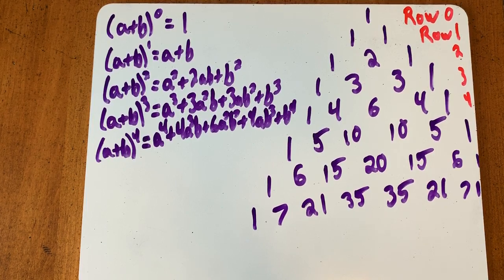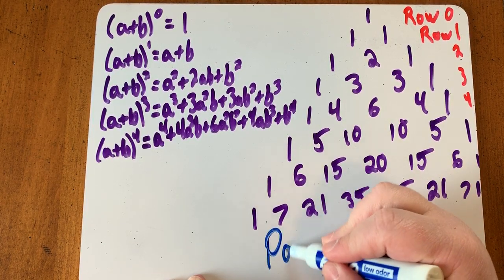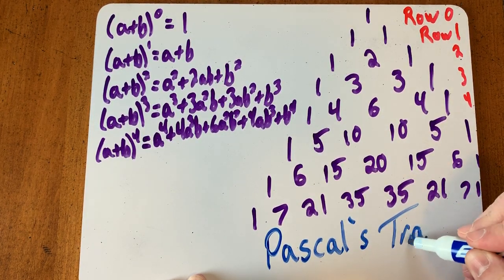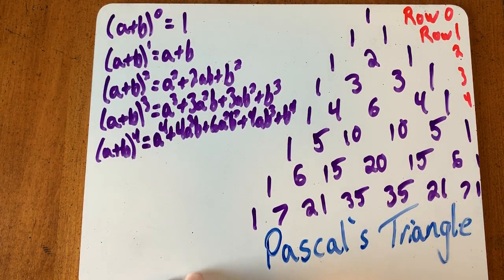This is called Pascal's triangle. And you can have an infinite number of rows. You just keep going forever and ever. This is Pascal's triangle.